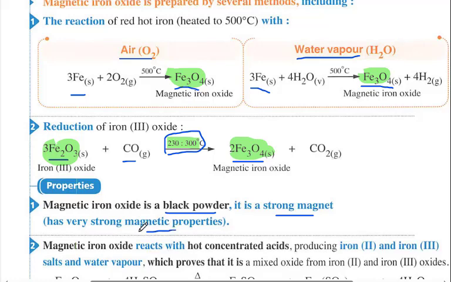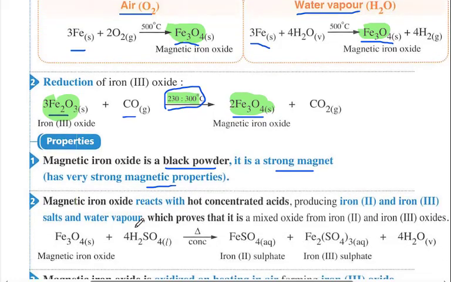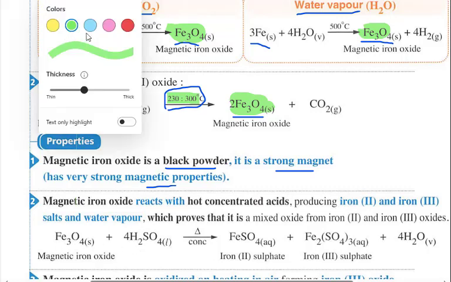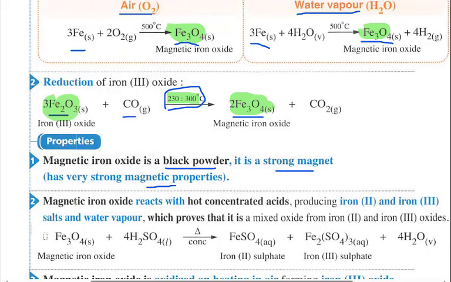It is the only oxide of the three kinds, ferrous, ferric and magnetic iron oxide, which is characterized by having magnetic property. Magnetic iron oxide can react with acids, but we have to notice that it reacts only with concentrated acids, like ferric oxide. So concentrated acids need heat.